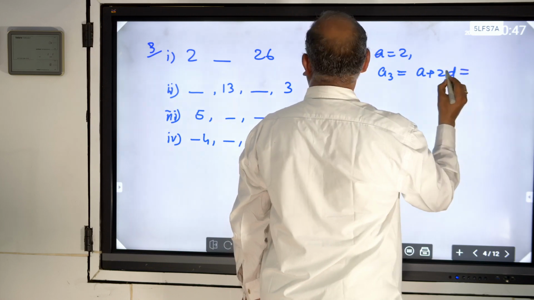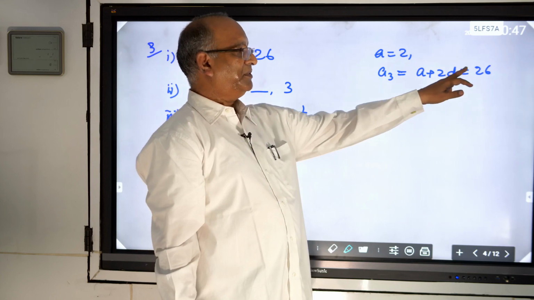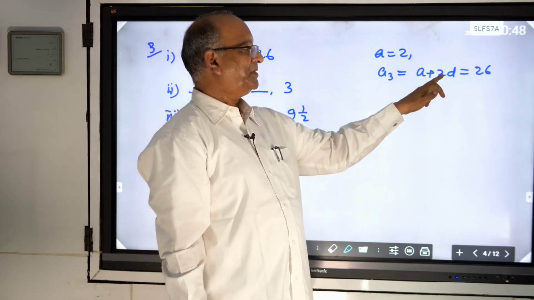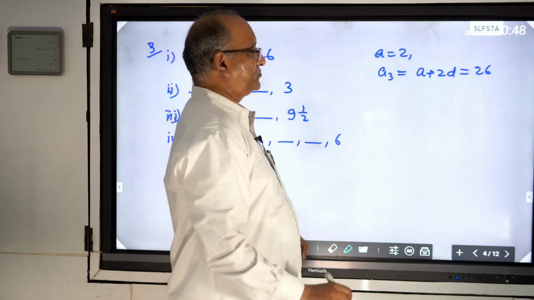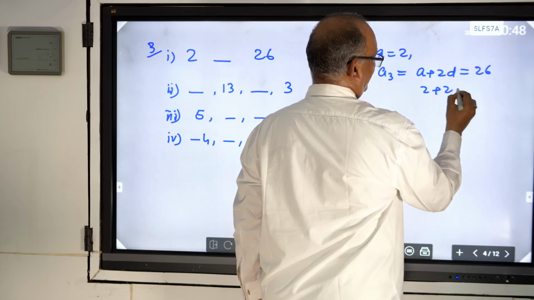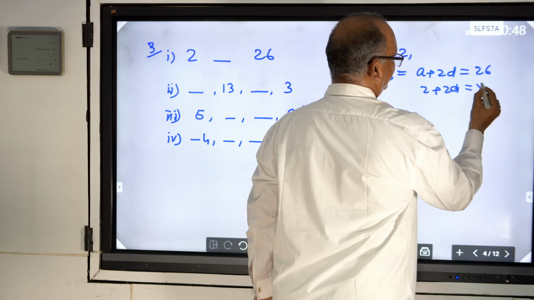And according to the problem, how much is it? 26. A3 is 26. So how do we write a3? It is a plus 2d. Substitute the value of a here. So it will become 2 plus 2d equal to 26.